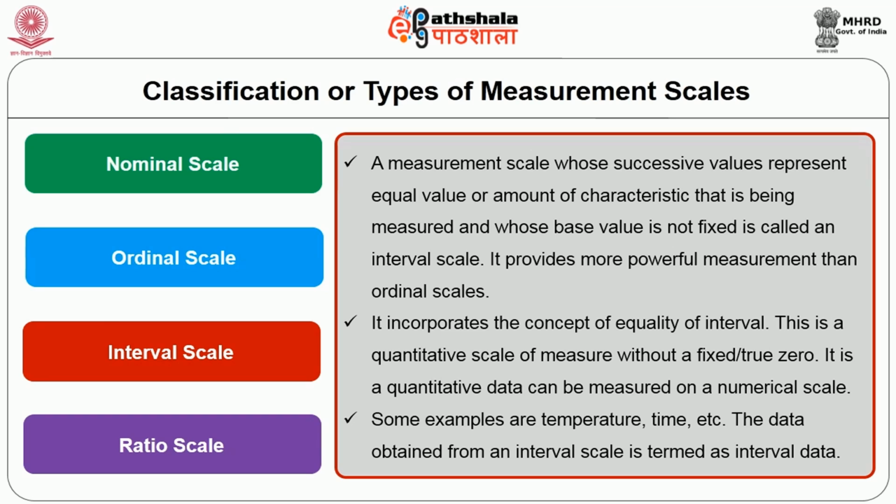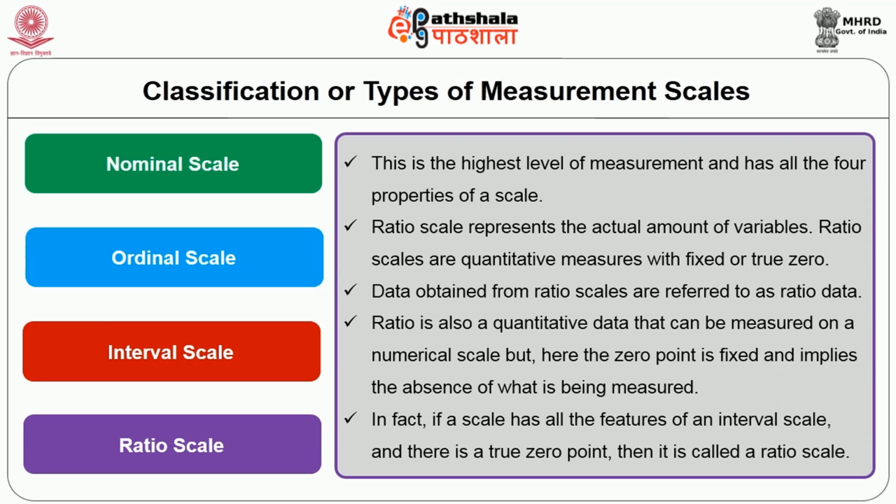This is a quantitative scale of measure without a fixed or true zero. It is quantitative data that can be measured on a numerical scale. However, the zero point does not mean the absence of the characteristic being measured. Some examples are temperature, time, longitude, latitude, etc. The data obtained from an interval scale is termed interval data.